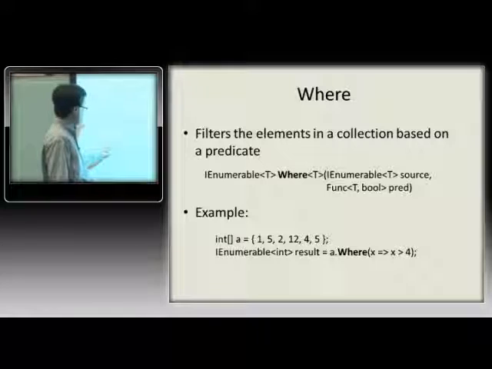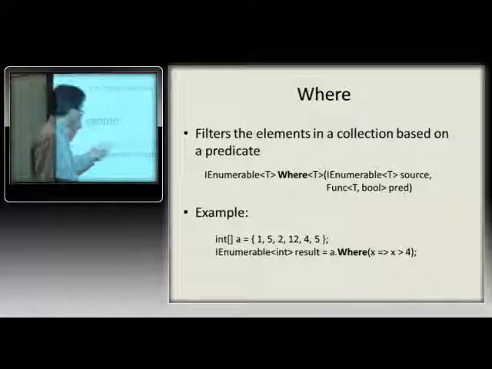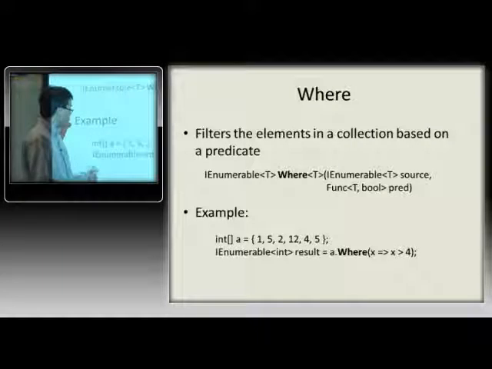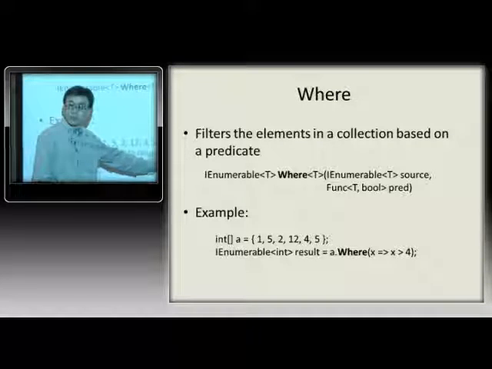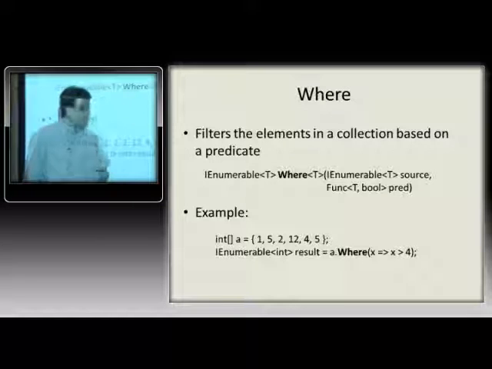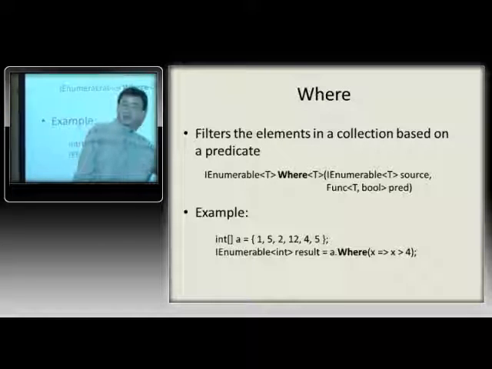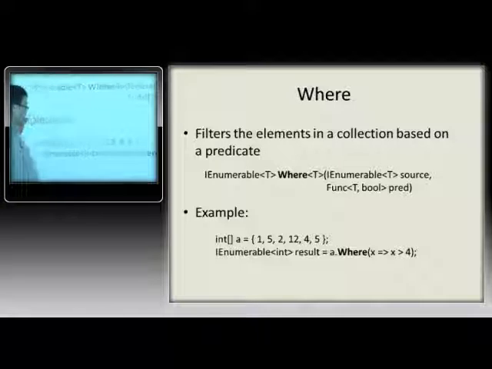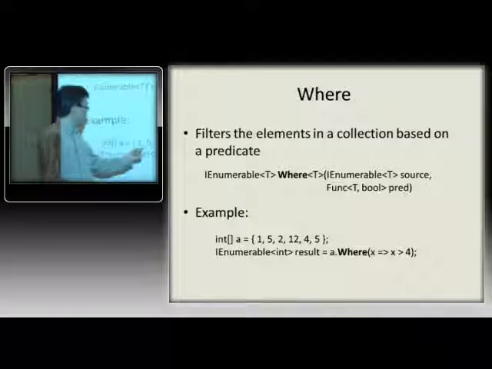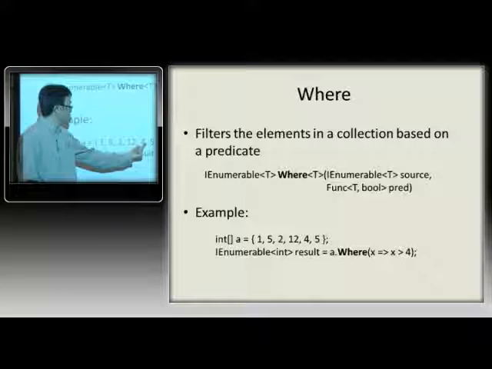We have some array, a collection of integers, and I write a dot where, applying the where to a. So a is our source, and the predicate is x greater than 4. The result would be 5, 12, and 5.